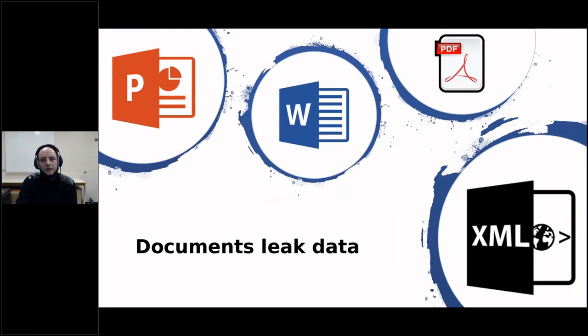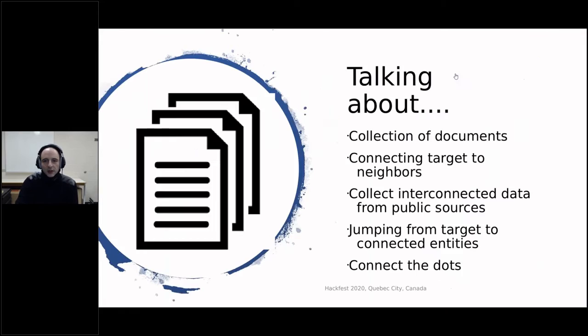So the idea was to take documents and try to see if you can make a profile for attackers and defenders, and how far we can bring the idea by mapping the connections and the relevant information in documents.